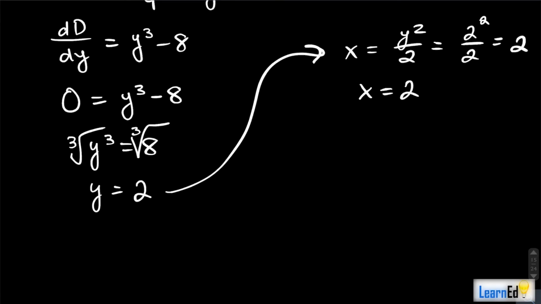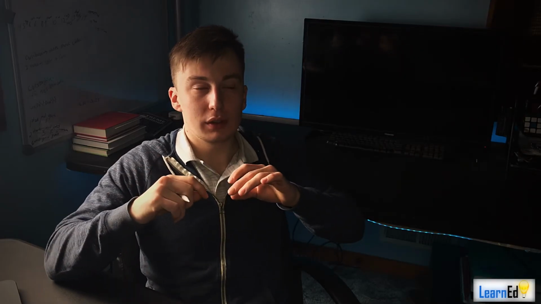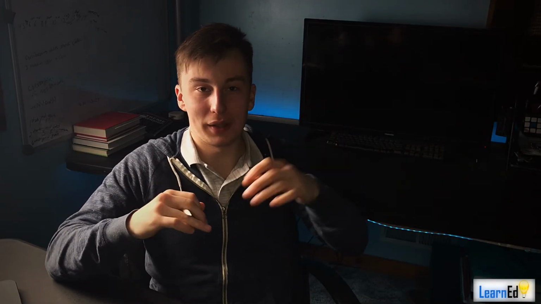So that right there is the point on the parabola where the shortest distance is from that point to the point (1, 4). I said that kind of weird, so let me say it again. (2, 2) is the point on the parabola that's the shortest distance to the point (1, 4).